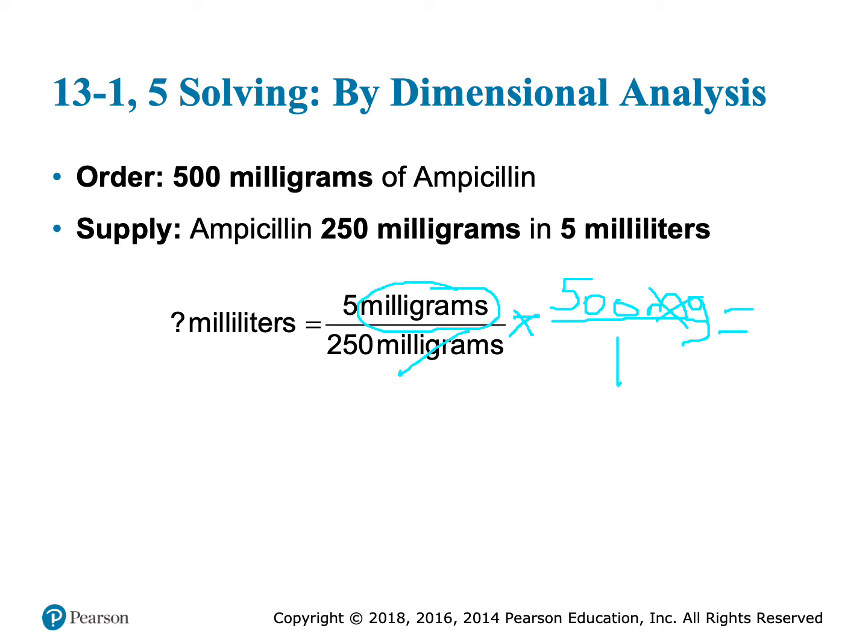And then when we multiply 5 times 500, I'm going to come down here, we get 2,500, and then 250 times 1 is 250.